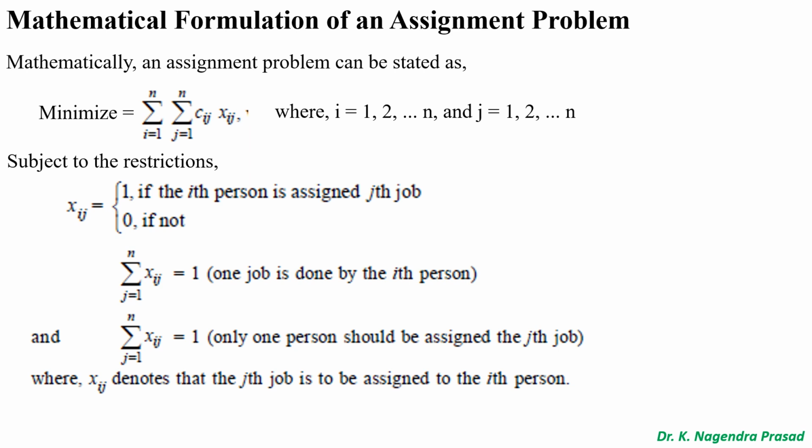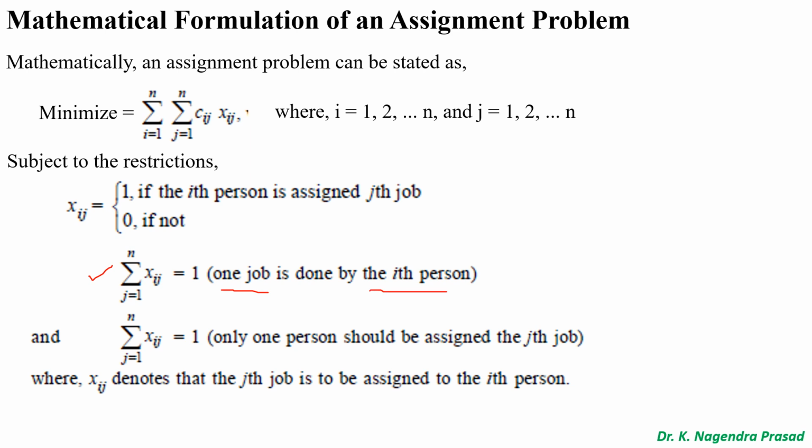Similarly, there are two more constraints, from the person's point of view as well as the job's point of view. First, the person's point of view: summation of j equal to 1 to n of xij equal to 1. So here one job is done by the ith person.